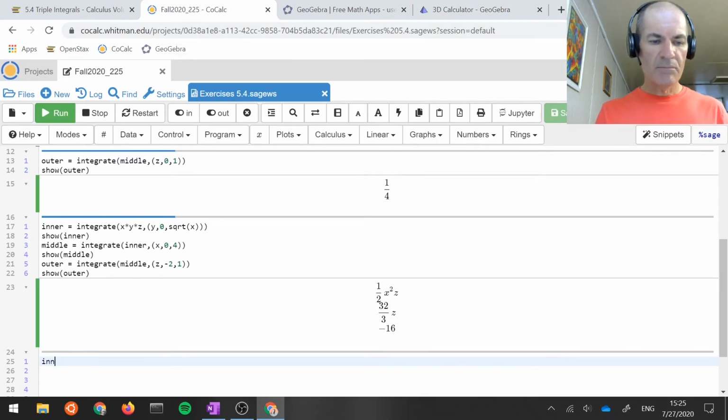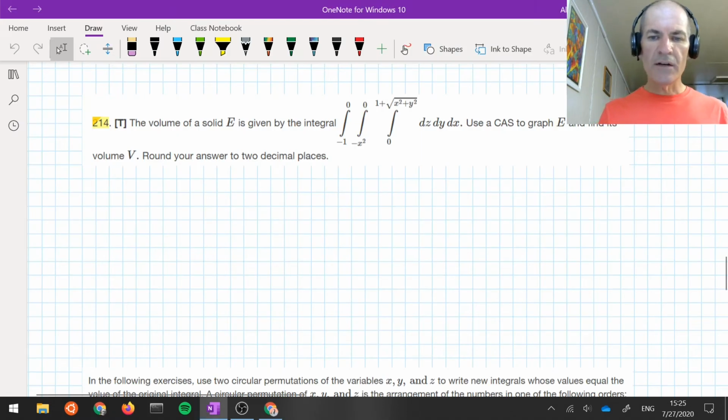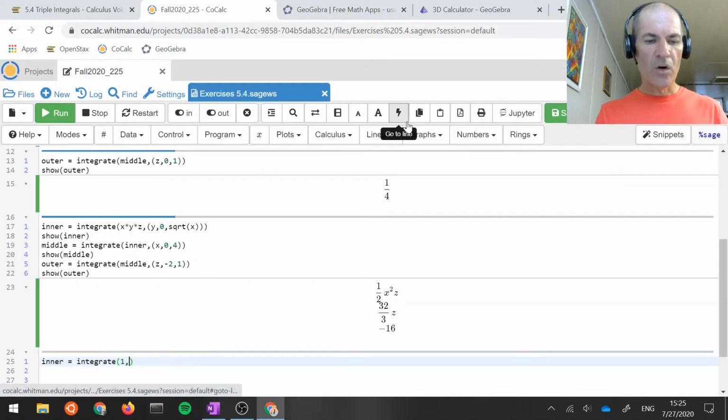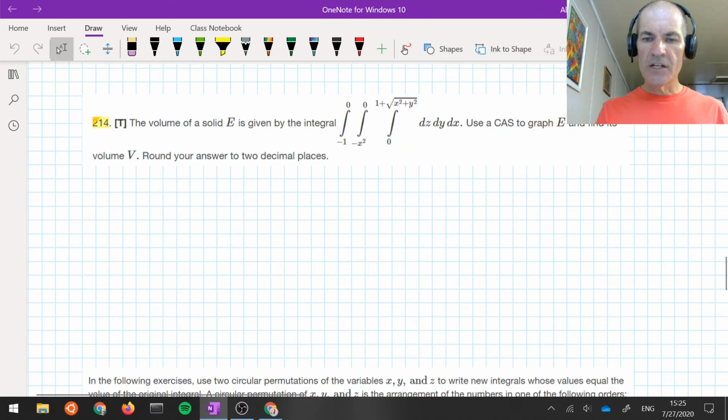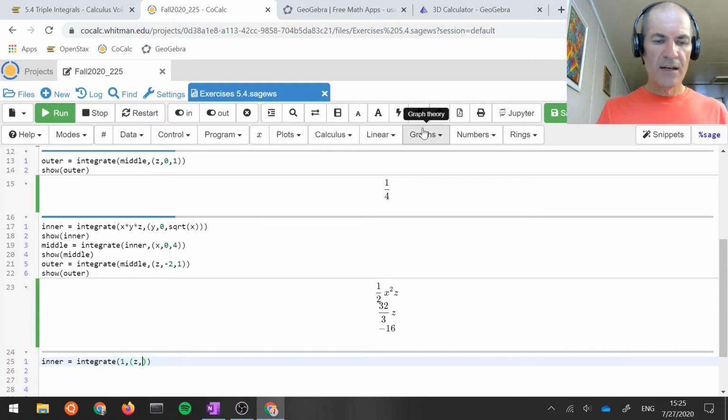I'll repeat my paradigm here. We're going to integrate. Okay, and we're asked to find the volume, which means we're integrating the constant 1. So we're going to integrate 1. And we're going to first integrate with respect to z from 0 up to 1 plus the square root of x squared plus y squared, like that.